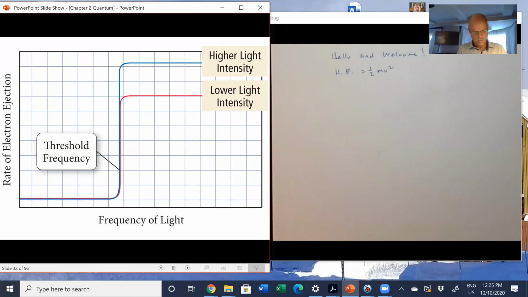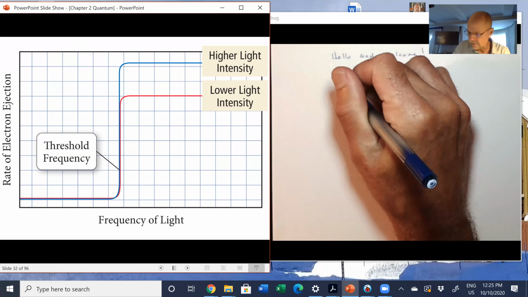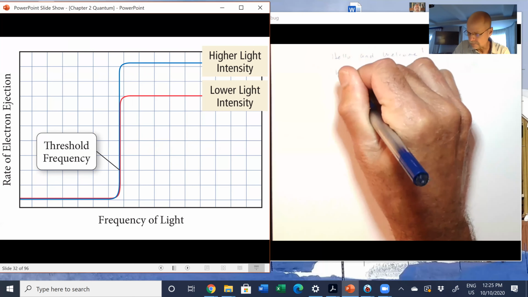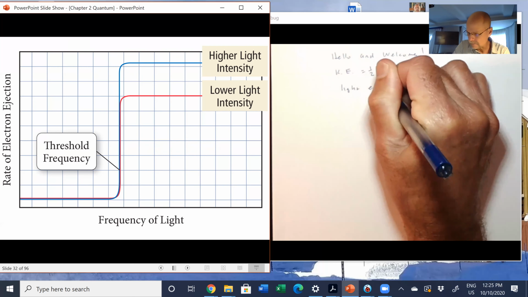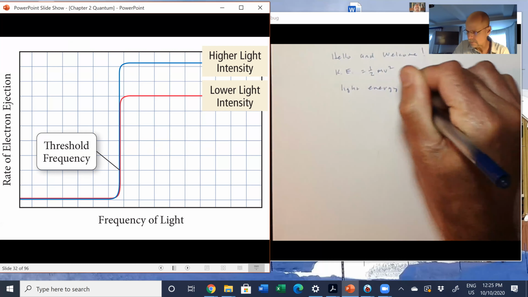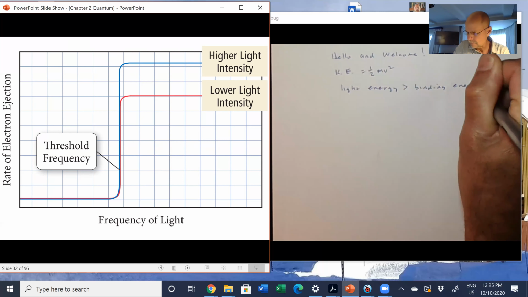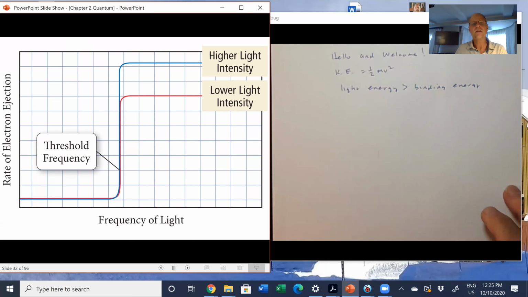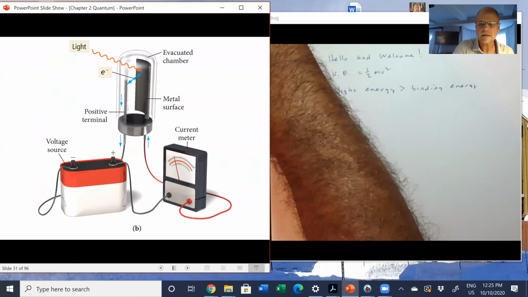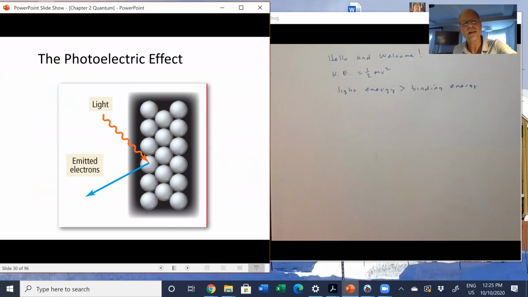So a couple of things. First of all, the light energy has to be greater than the binding energy. In other words, the electron will be kicked off the surface if the light energy is enough that it overcomes the energy with which the electron is held to the metal, all right?